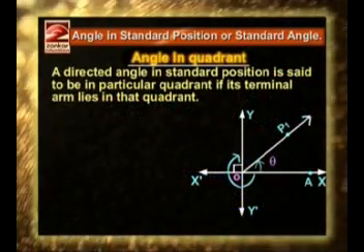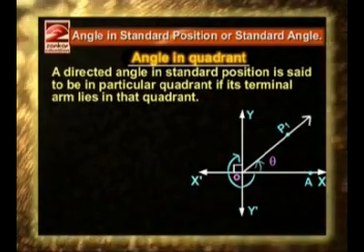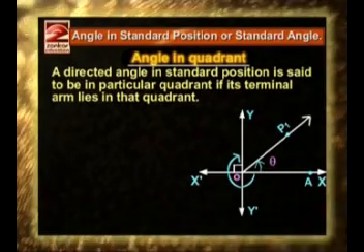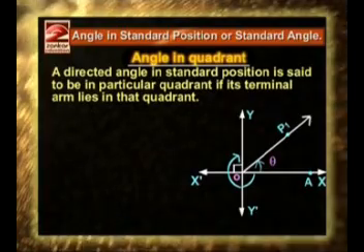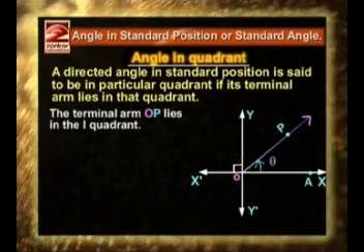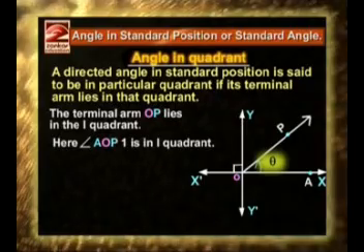A directed angle in standard position is said to be in a particular quadrant if its terminal arm lies in that quadrant. So here, arm OP lies in the first quadrant, so angle AOP is in the first quadrant.